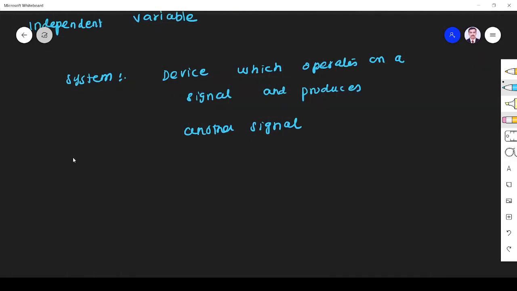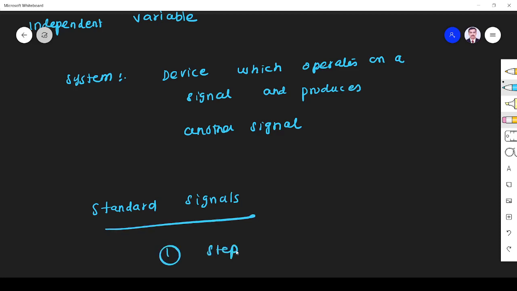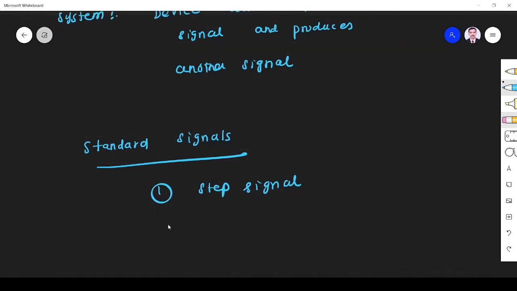Whenever we study signals and systems, we must know about some standard signals. That is the first thing we should learn. The main signal is the step signal. Next, ramp.